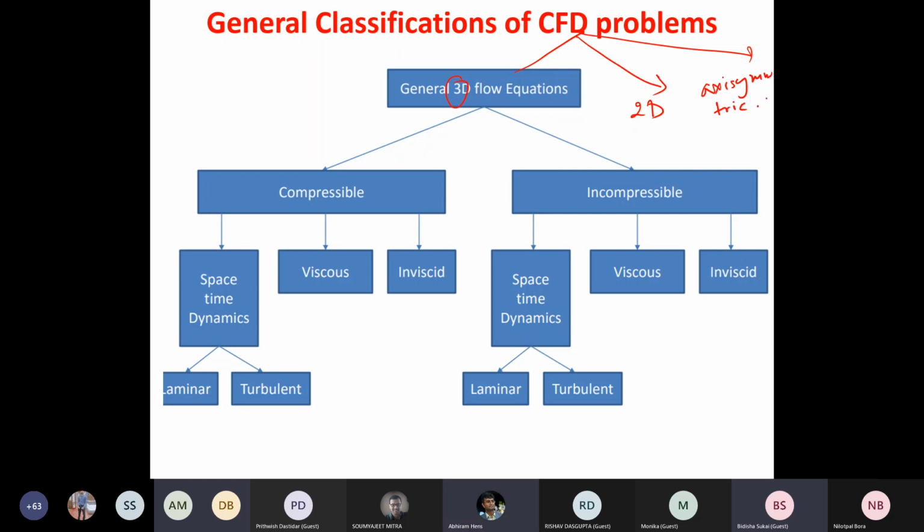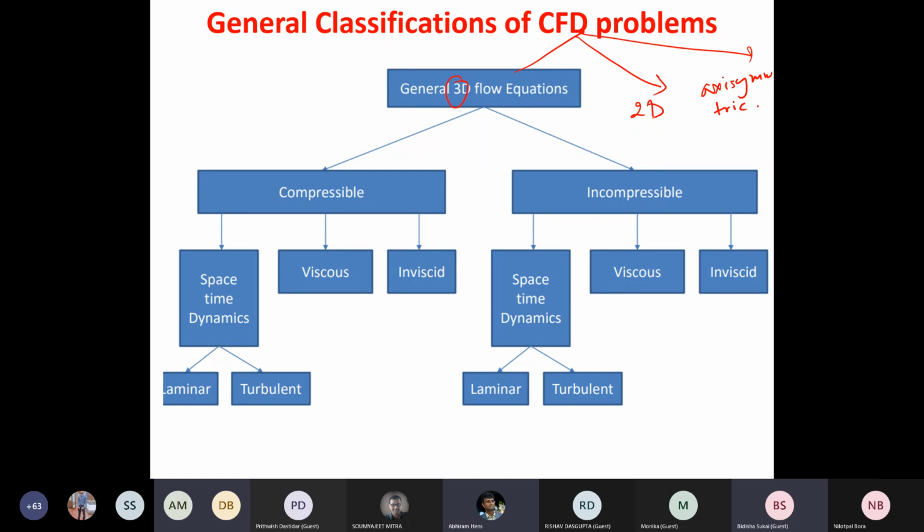The difference is that in case of a 3D flow, you have the three components of Navier-Stokes equations: x direction, y direction, z direction. So the total space you are considering. 2D means there are many situations where we can neglect the variation in some particular direction, maybe z direction or y direction. That simplifies the case. If you can reduce one equation, your computational load will be decreased to a great extent.